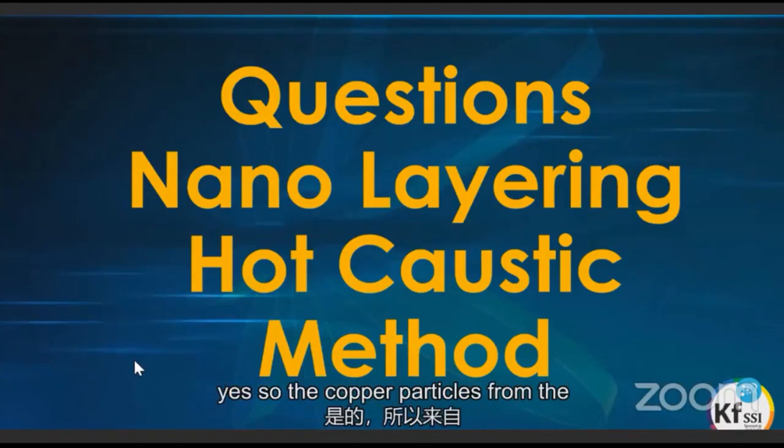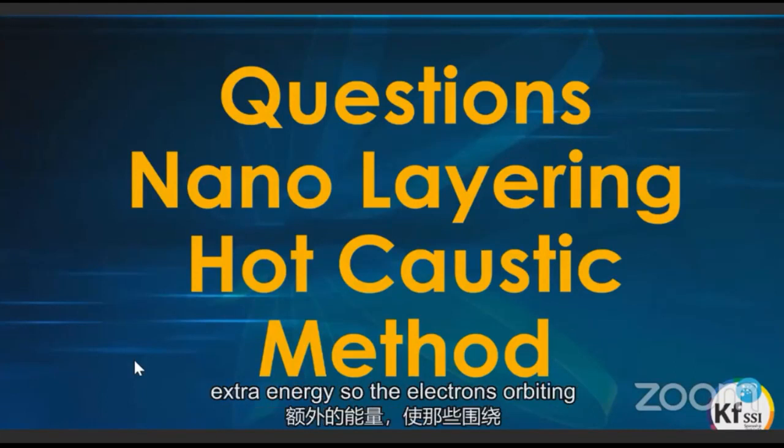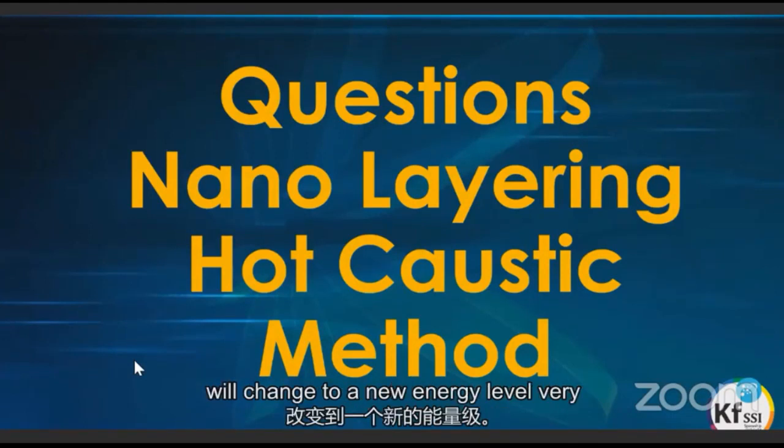Yes, so the copper particles from the surface of your copper piece will get an extra energy. So the electrons orbiting around the nucleus of those copper atoms will change to a new energy level.